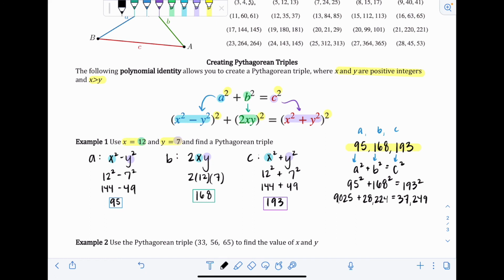So 9,025 plus 28,224, if we add those together, it's 37,249, which is cool because that's what I have on the right side, so that's what it should be. So our identity worked. Okay, so this would be the answer to what is the triple using that x and y, and then this is the check.